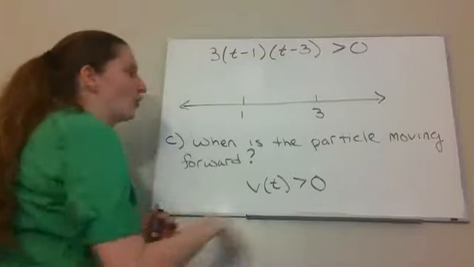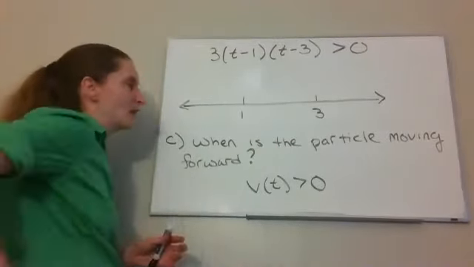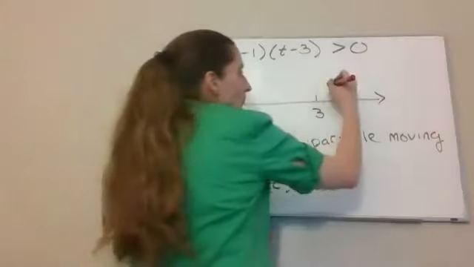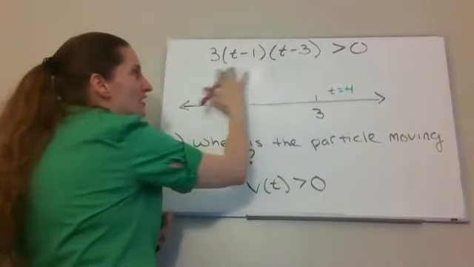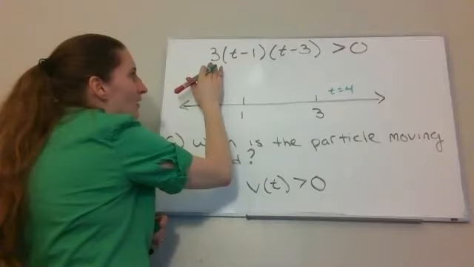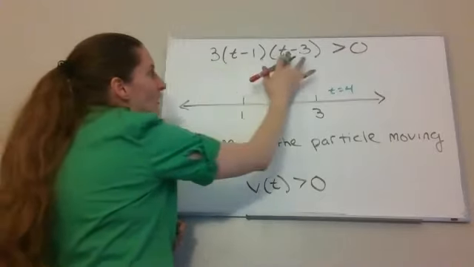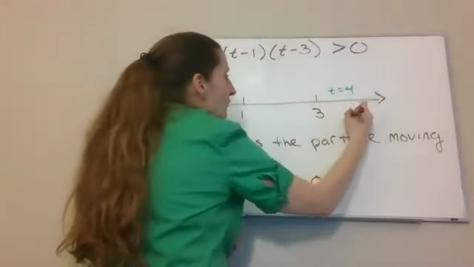So for example, over on this right side, I would think about seeing what happens when I plug in t equals 4. Well, if I plug 4 into this, my 3 is positive, 4 minus 1 is positive, and 4 minus 3 is positive. So all of that multiplied together is positive.